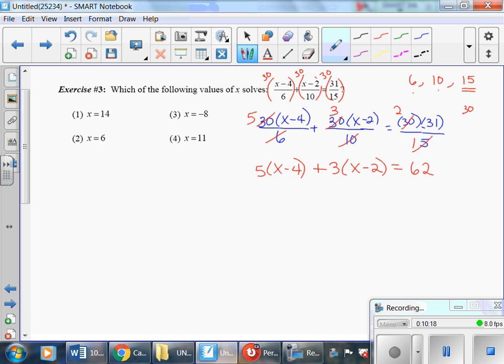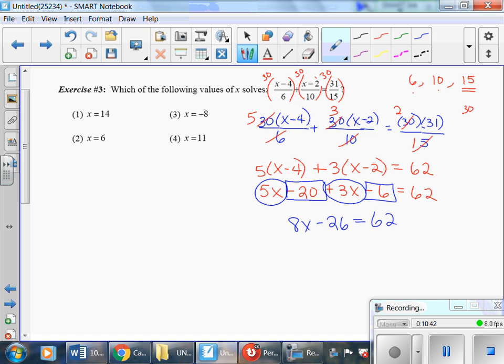So I'm going to multiply it all out. 5x, using our distributive property, minus 20, plus 3x minus 6, is equal to 62. The nice thing is here we have a linear equation, which makes things a little bit easier. So let's combine some like terms: 8x minus 20 and minus 6 is minus 26, equals 62.